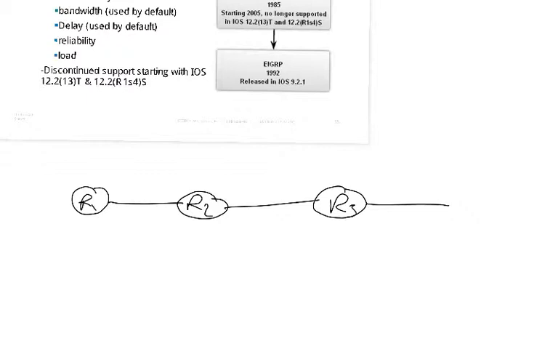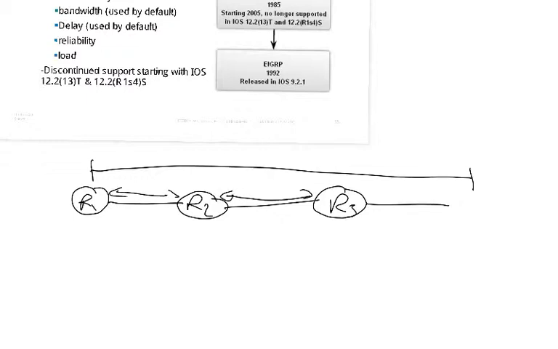The bandwidth of the end-to-end route is the lowest bandwidth on any of these links. The delay is the accumulated delay end to end.